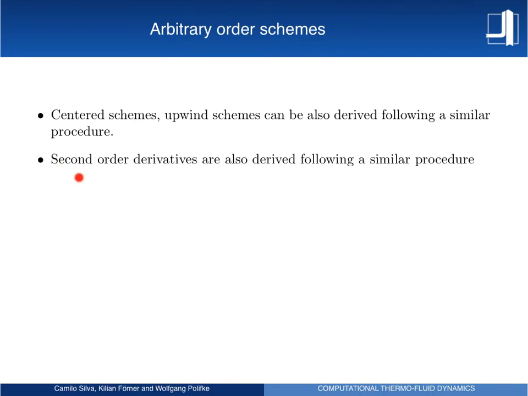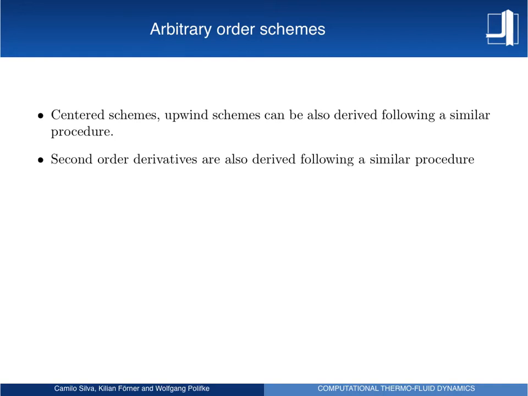You can also go and check how the numerical scheme of a second order derivative is as well. So the procedure based on this Taylor expansion is just general. You can do anything.